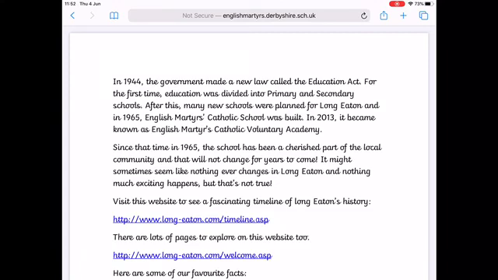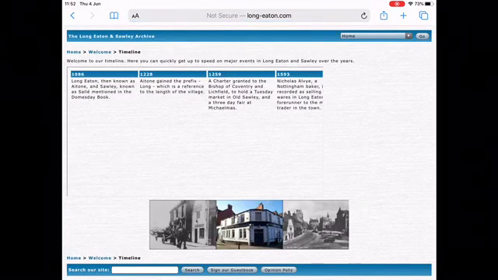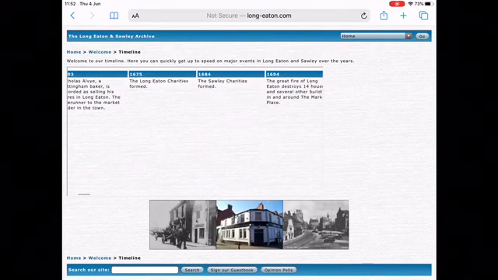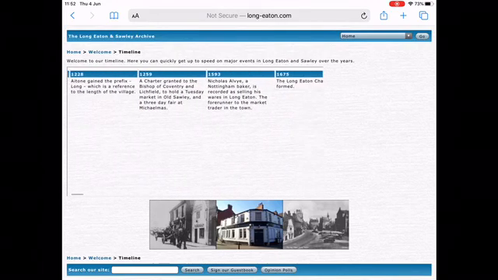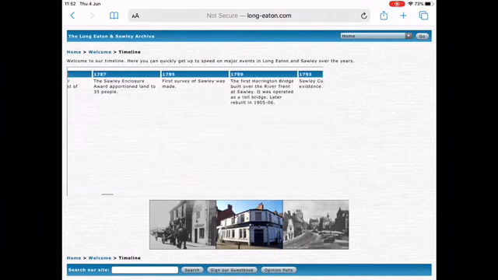Now, we could look at the history of Long Eaton. Let's go and visit this timeline here. Wow! Look at all these facts. Now that might make an interesting read, but I'm going to look for some recent events here.